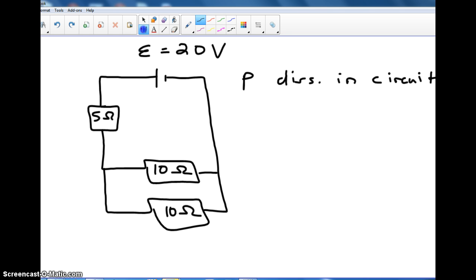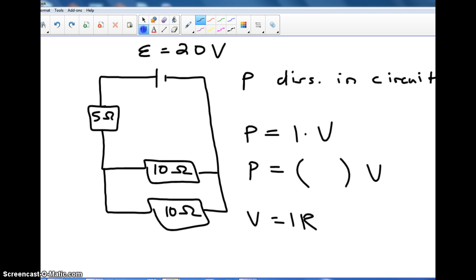Okay, circuit. So, to find the power, we are going to need to know the total current and the total voltage. V is IR, so current is V over R. And we can also find power using this equation.